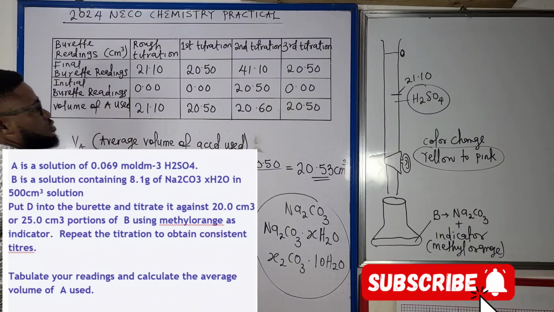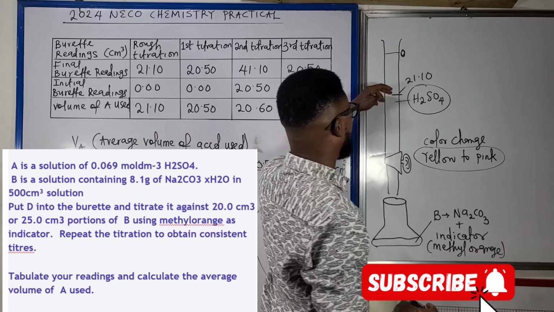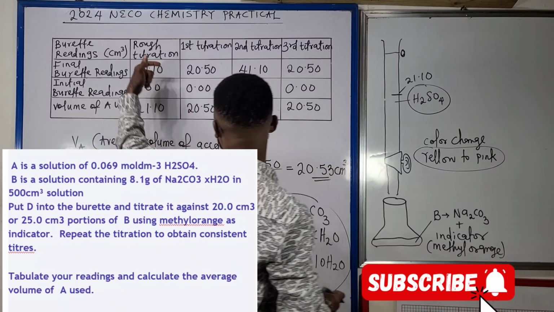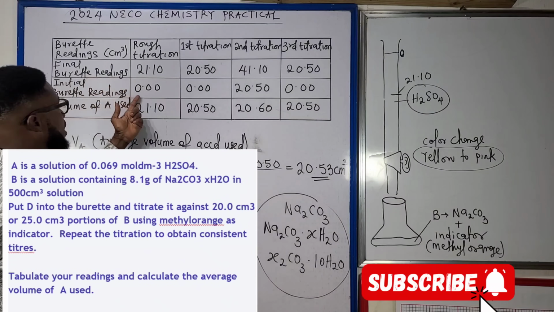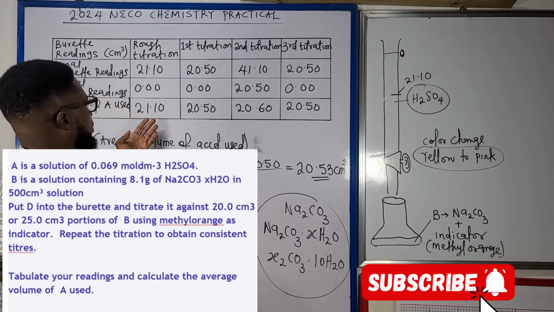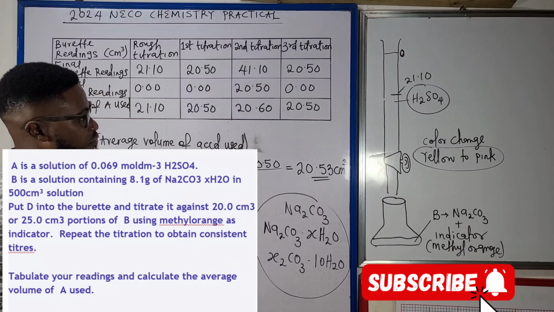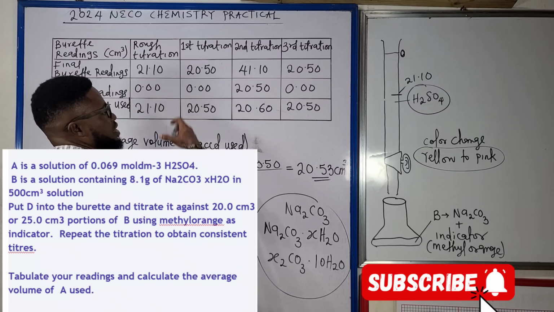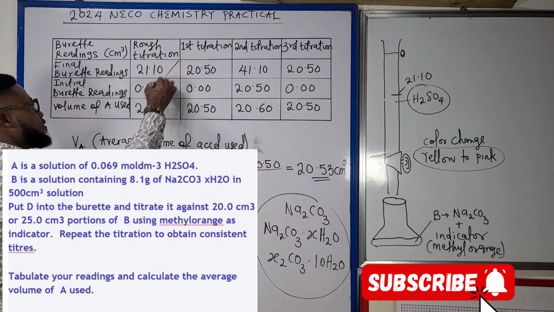So that's the final burette reading. Now the volume of acid used is going to be the final burette reading minus the initial burette reading. So 21.10 minus 0.00, we got 21.10. Then we filled up the acid into the burette again, so that is at the 0 mark. And this time around, okay, these are rough.